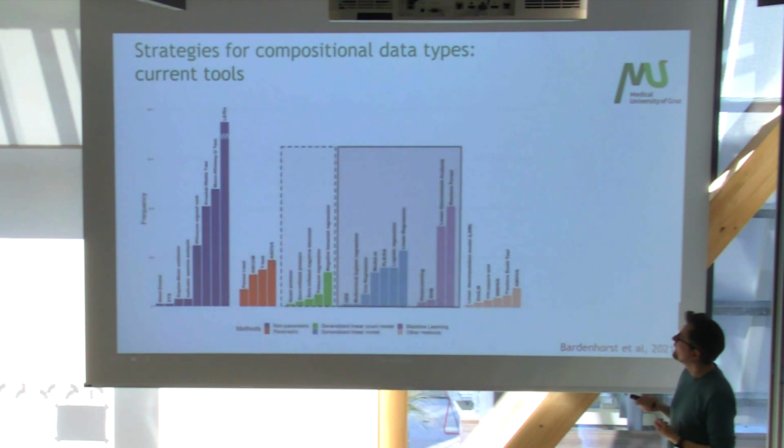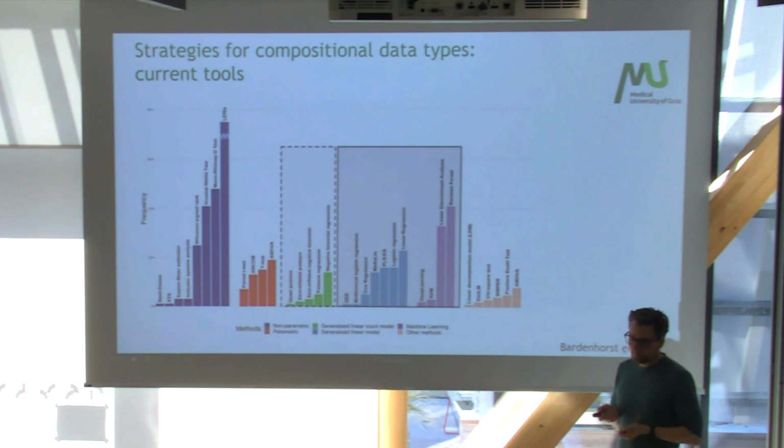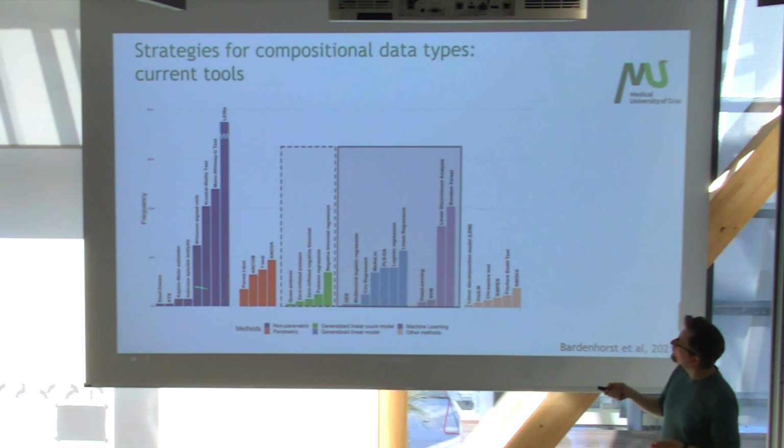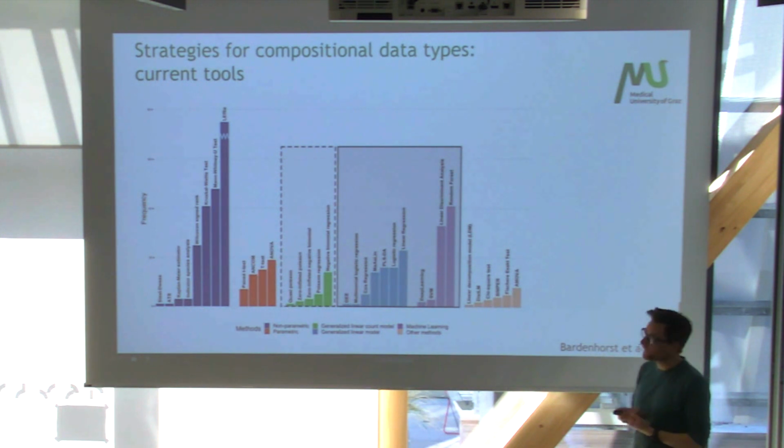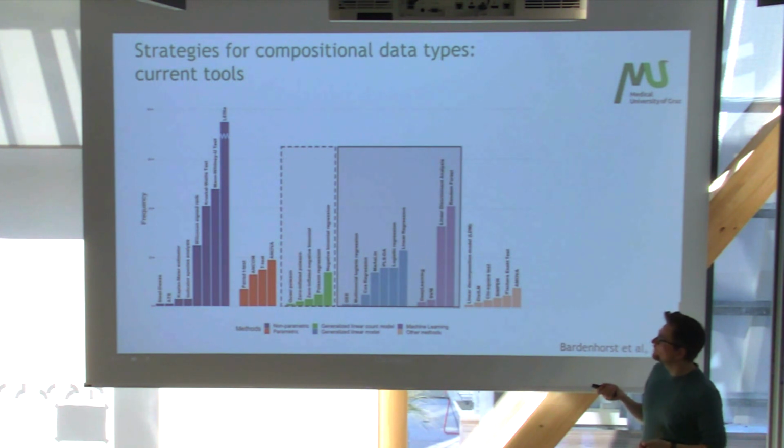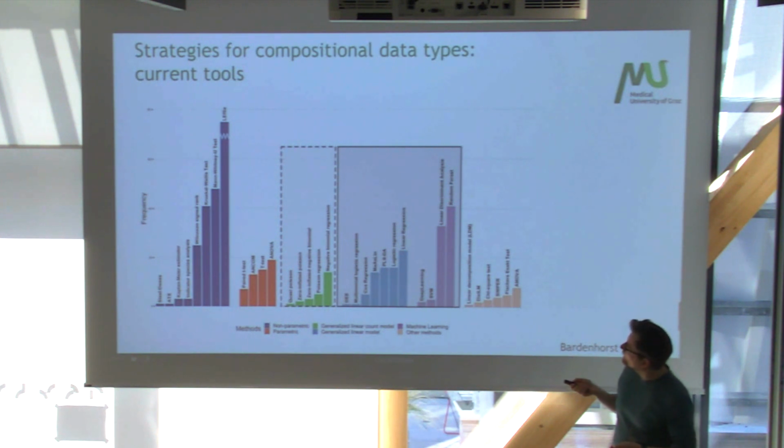And as mentioned, this is a known problem, but there's also a plethora of different tools out there. This is just a study that profiled how often these different tools were used over the last couple of years.